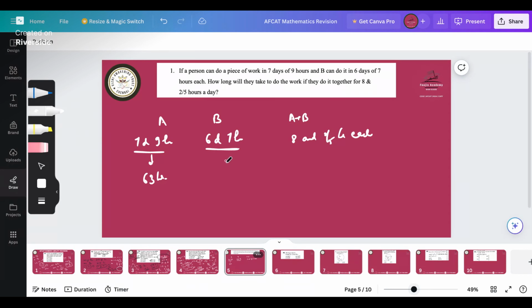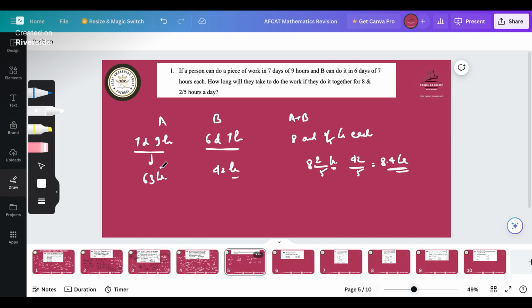And how many hours does this other person work? 42 hours. Together they will be working for 8 and 2 by 5 hours. That means nothing but how much? 42 by 5, which is nothing but 8.4 hours they'll be doing, right?